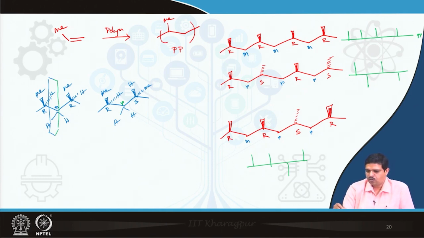So we put it like this and we write M in the middle, M like that, and here in the same way we will put R, M, R, R. So, this is the convention we follow for representing the tacticity in the polymer backbone.